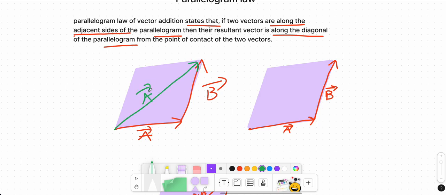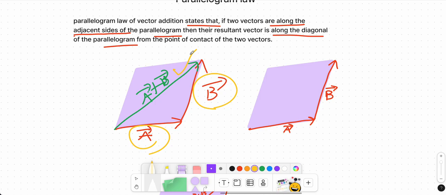It is similar to triangle's law, correct? So here a and b are adjacent side of the parallelogram, then this diagonal of the parallelogram is giving us the resultant.